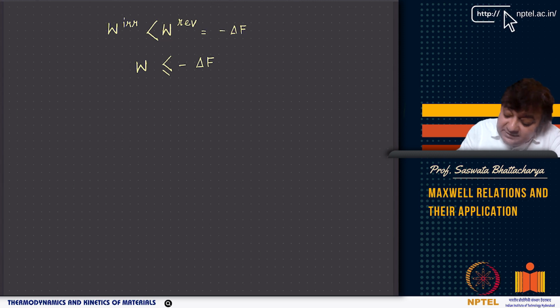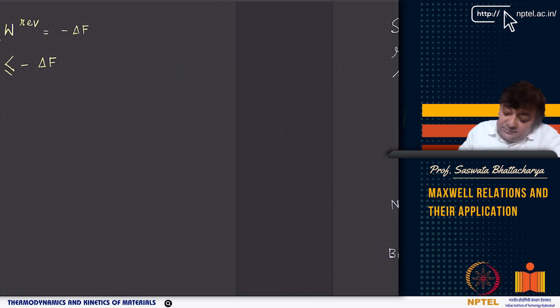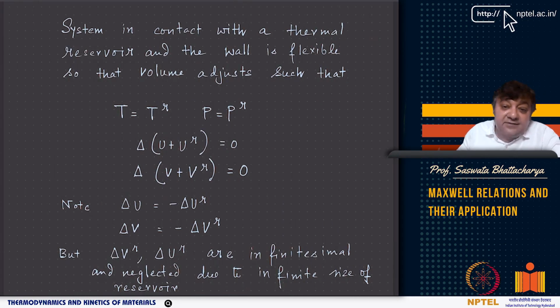This is also called the maximum work principle. So the maximum work that is derived is the negative of the change in Helmholtz free energy. So Helmholtz free energy in some way defines the maximum work that can be obtained, and that is always through a reversible process. For an irreversible process, the amount of work that can be obtained is always less than that of the reversible process, right? That we have already discussed in the purview of the second law.